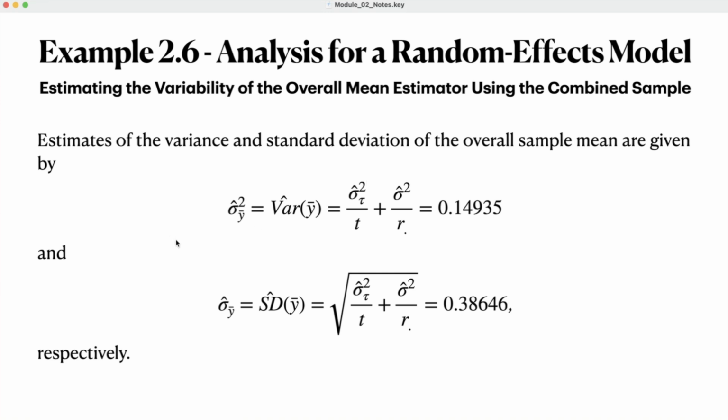And so the estimates of the variance and standard deviation of y bar are given here. We use these formulas. And so we see that the estimated variance of y bar is equal to 0.14935. And the estimated standard error is therefore the square root of that, which is 0.38646.